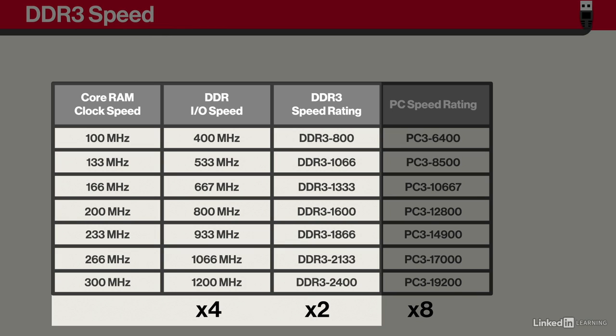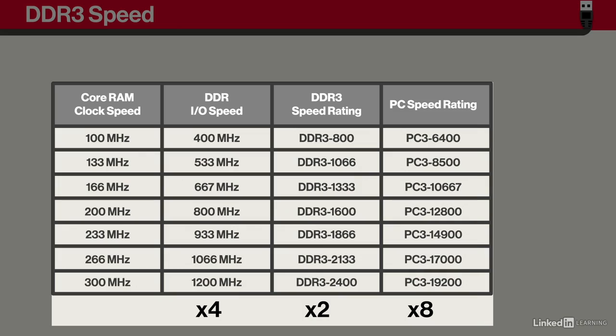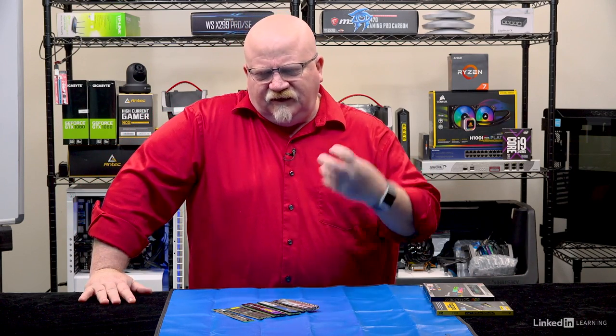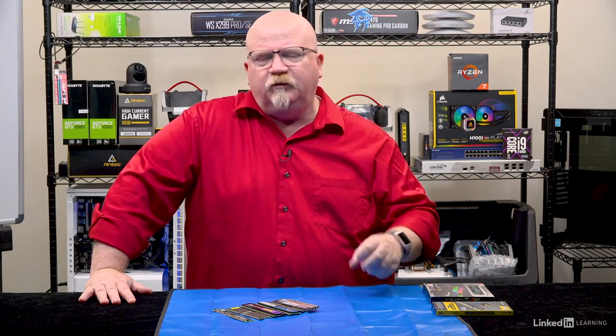That's how you know the speed rating defines the actual technology of RAM. Just because it says PC3, just because it says DDR3, we instantly know that we're talking about DDR3 memory, and all you have to do, once again, let's take a look at the top one where it says DDR3-800, multiply it times 8, and you get the actual PC3 speed rating. People will say to me, Mike, why are these 2 different speed ratings so important?